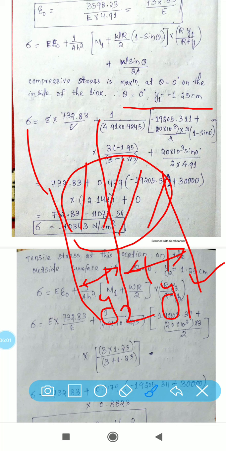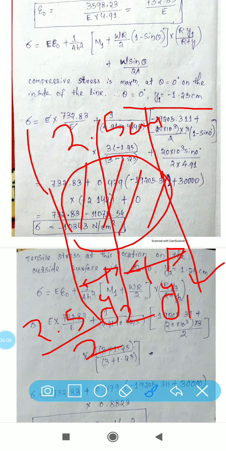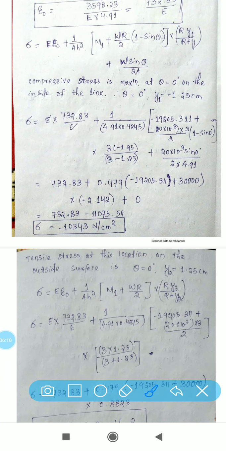The diameter is 2.5 centimeter, so 2.5 divided by 2 is equal to 1.25 centimeter. So inside that is minus 1.25. Then put all values, get sigma equal to minus 10,343 newton per centimeter square. Sigma minus means that it is compressive in nature.